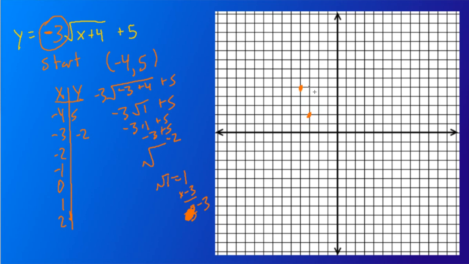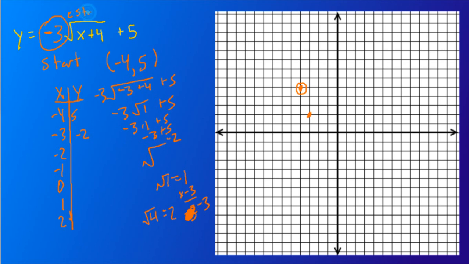All right, let me continue with the trick. If I go right 2, I'm not going to be able to do the square root in my head. If I go right 3, from my vertex or my starting point, I'm not going to be able to do that square root. If I go right 4, though, I can. So I'm thinking in my head, if I go right 4 from my vertex, what's the square root of 4? 2. Okay, but I have a stretch.